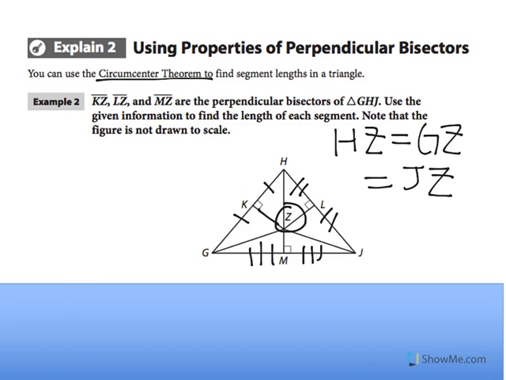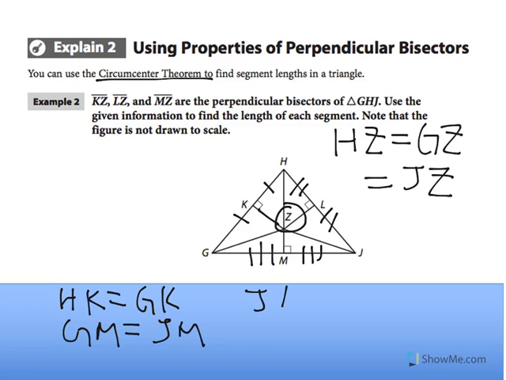So we can say that HK is equal to GK, and GM is equal to JM, and JL is equal to HL as well.